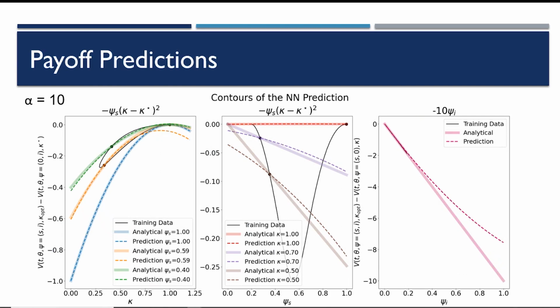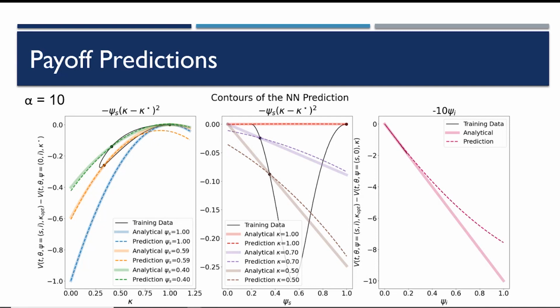If you look at this first panel, for example, each data point, I should say, is a slice in time of the epidemic. So each data point comes with a triplet of psi s, psi I, and kappa. We can take one data point, for example on this green line here.